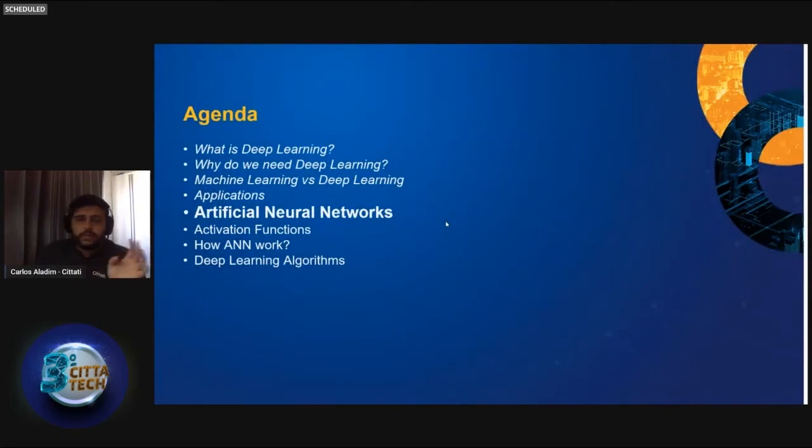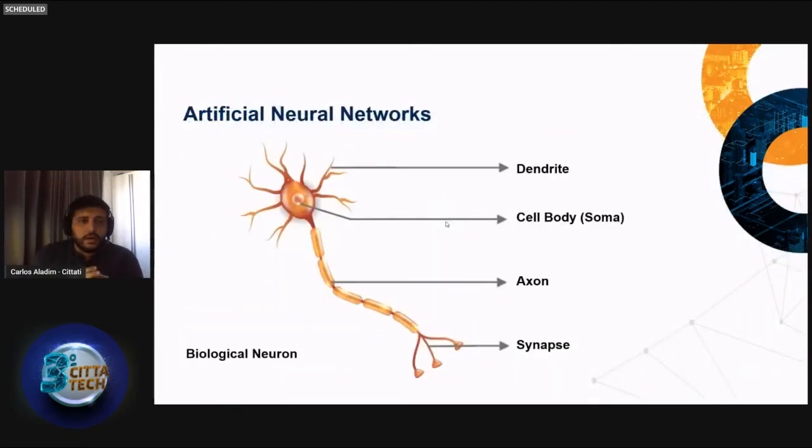So let's talk about the main component of deep learning, which is the artificial neural network. Let's talk about the main component of it, which is the neurons. Neurons are the basic functional units of the nervous system, and they generate electrical signals called action potentials, which allow them to quickly transmit information over long distances.